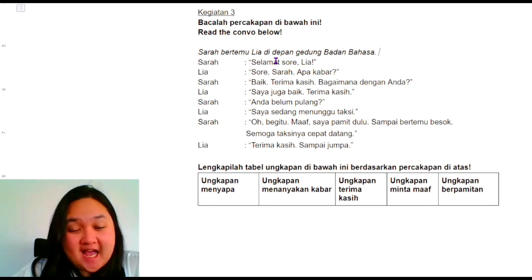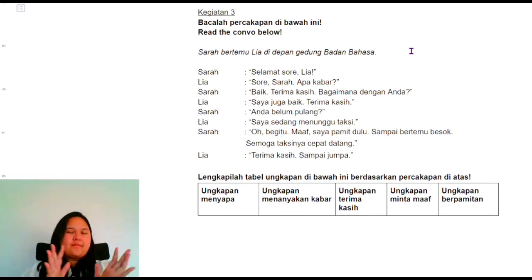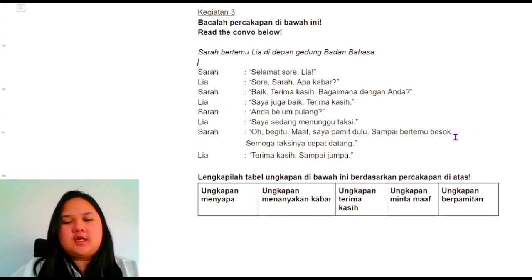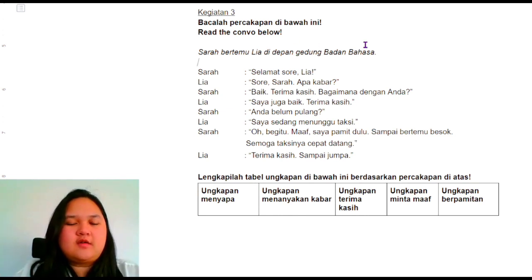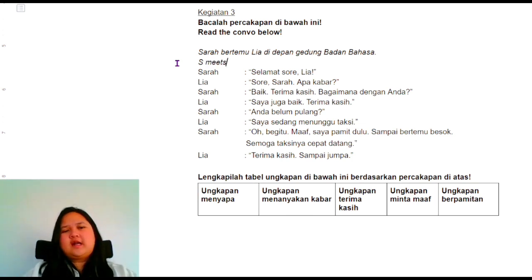Sarah bertemu Lia di depan gedung Badan Bahasa. So what does it mean here? I would just introduce you to some real sentences, apart from the greetings that we can see here. Sarah is the name. Bertemu is to meet. So Sarah meets Leah. Di depan is in front of.